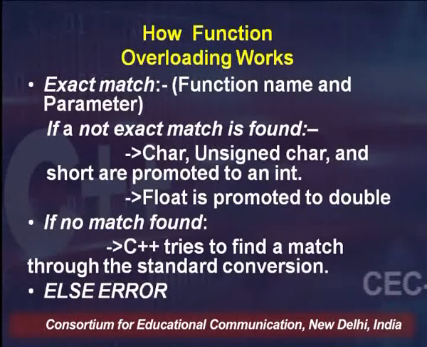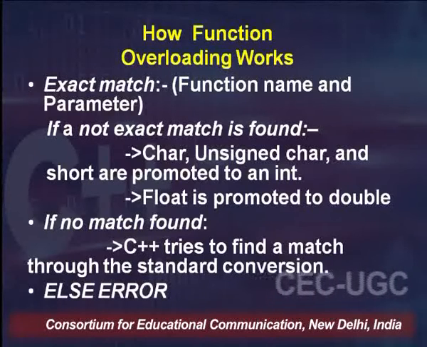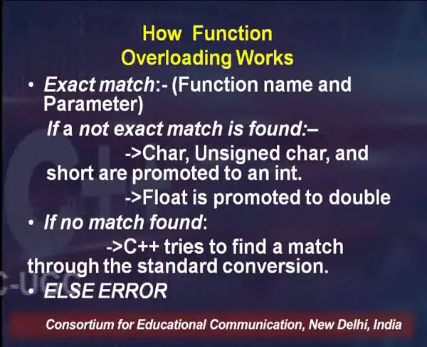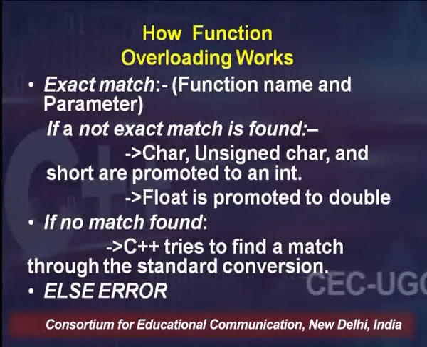So for example, integer and double is the parameter list. If it finds an integer and double with the function name it is looking for, it's a win-win situation for the compiler. If no exact match is found, then what will happen?